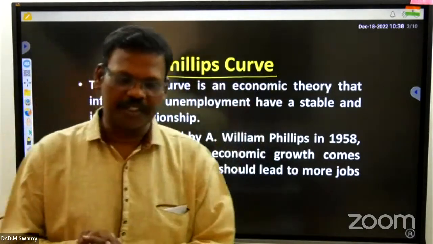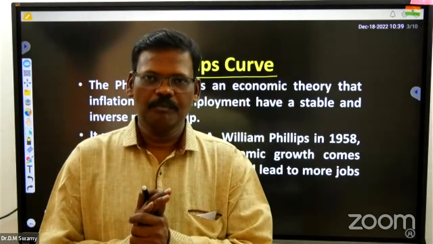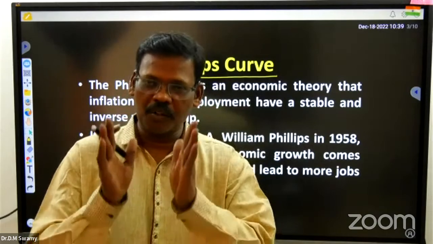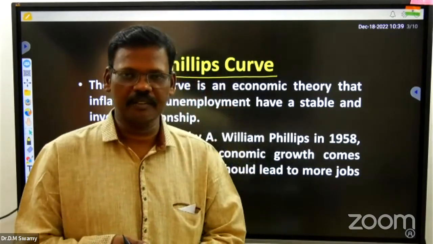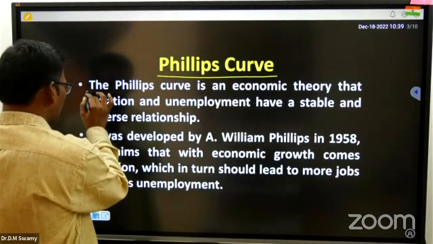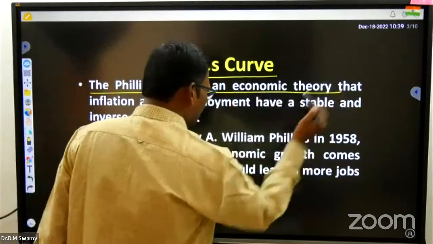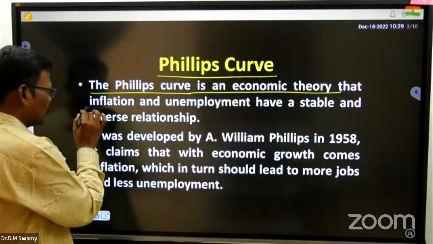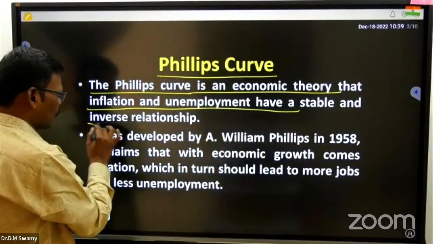What is the Phillips curve? The Phillips curve is an economic theory that inflation and unemployment have a stable and inverse relationship.